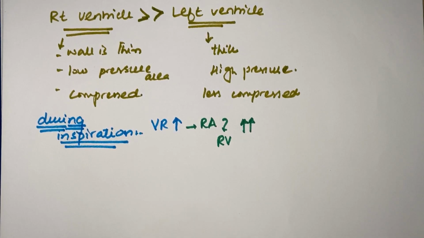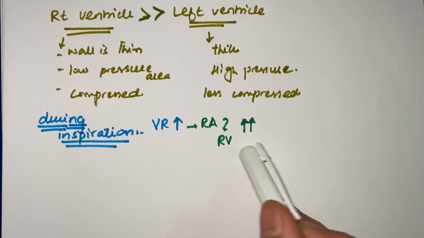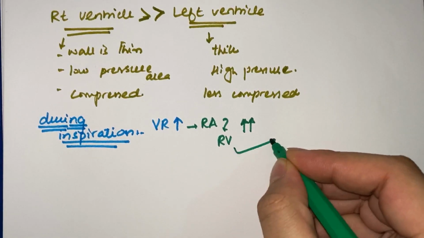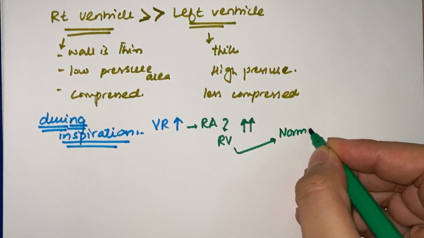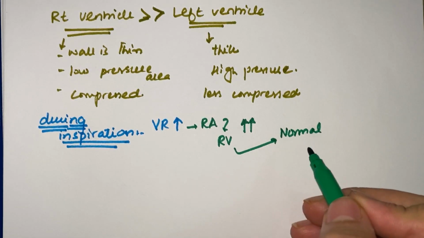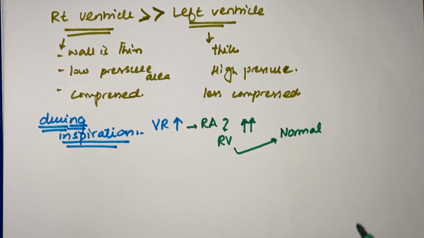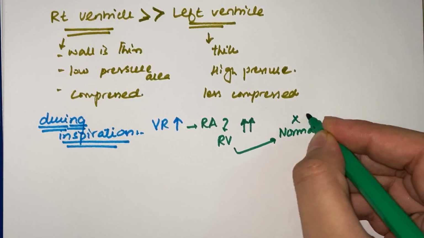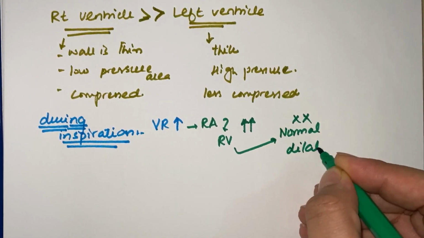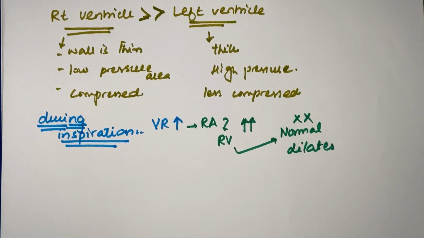But now, what is happening here is that our right ventricle is not normal. In fact, the ventricle is normal, but due to the condition of the pericardial cavity, it doesn't dilate normally, or the diastole phase is affected.